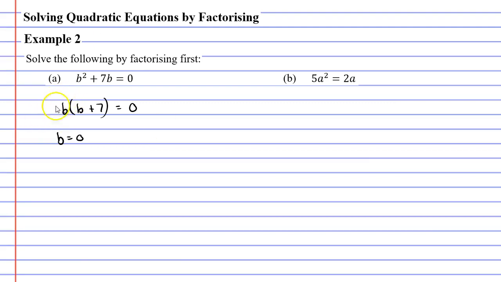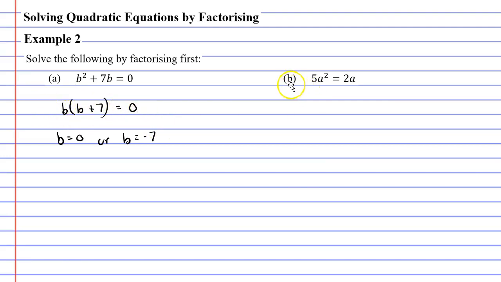Because if we make b equal 0, 0 times whatever is in the brackets will equal 0. Let's focus on the set of brackets now. How can we make this set of brackets equal 0? Well, the second solution is that b could equal -7, because -7 plus 7 is 0, and 0 times whatever b is will equal 0.